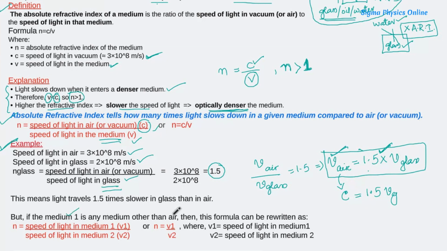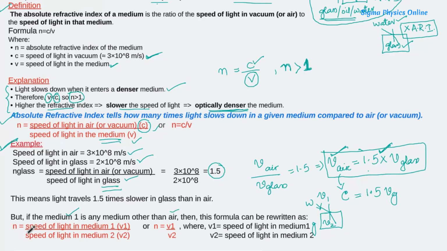Now, if our medium 1 is anything other than air, how can we rewrite this formula? Suppose light is traveling from water to glass, that is, this medium is water and this is glass. Let light be traveling in the first medium with velocity v1, and when it enters the second medium, its velocity is v2.